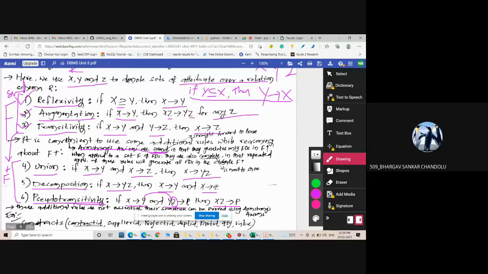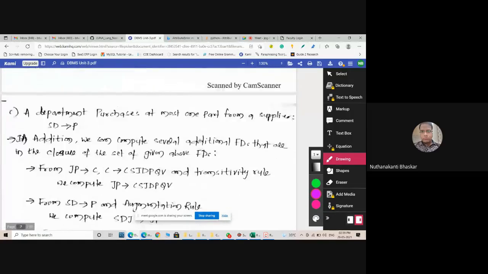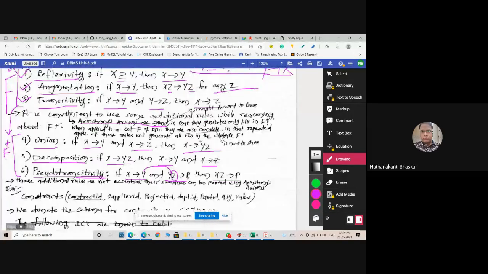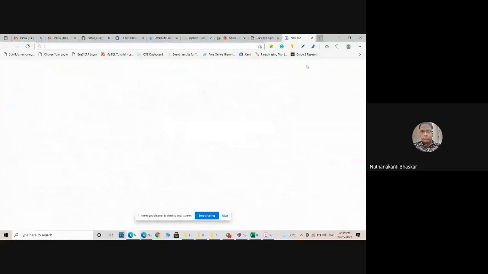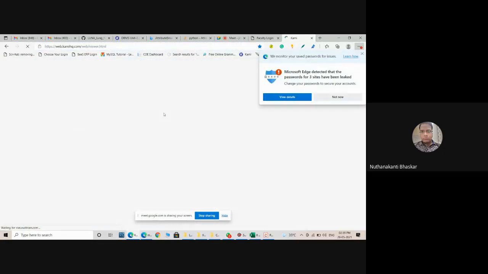Yes, sir. If you are clear, then I will go with this example. Now I am going to take a contracts example. The contracts relation contains contract ID, supplier ID, project ID, department ID, quantity, value. Then we are going to define the functional dependencies based on Armstrong axioms.